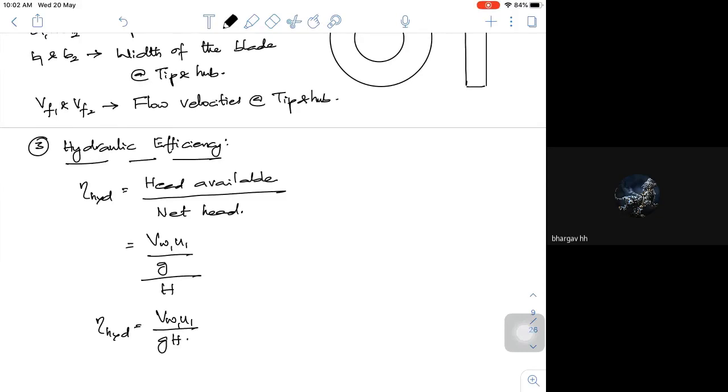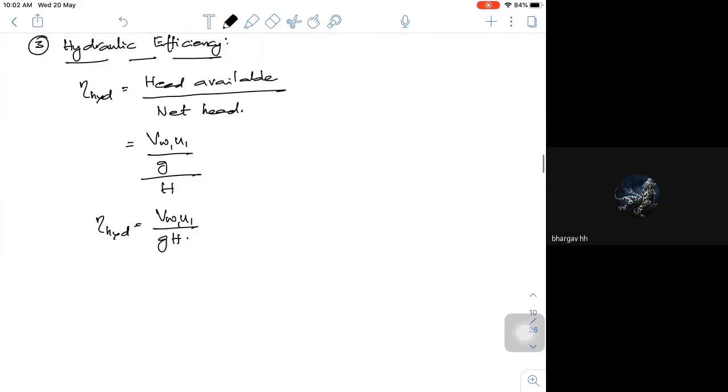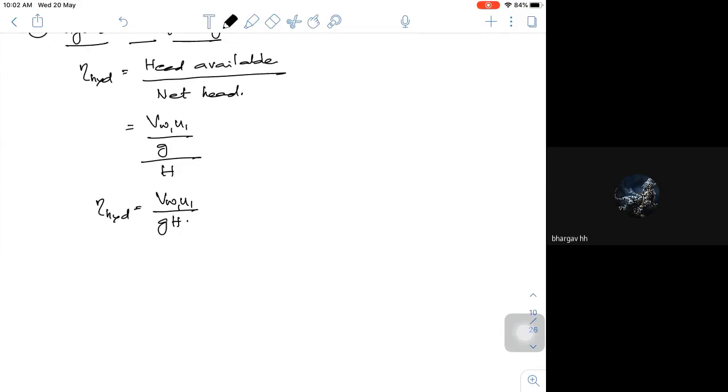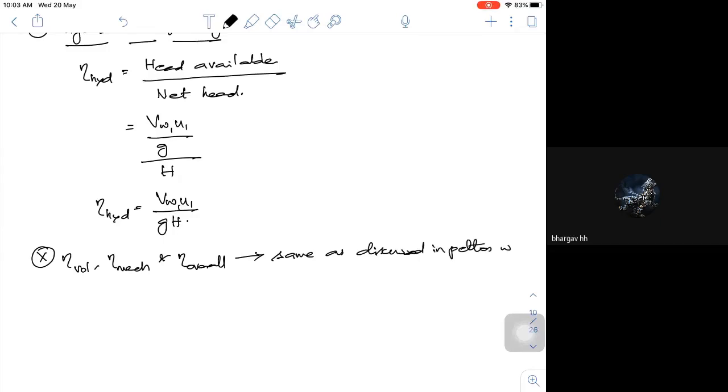Now, what about the other efficiencies we have seen? We have seen the volumetric efficiency, the mechanical efficiency, and the overall efficiency for the Pelton wheel. They remain the same as discussed in the Pelton wheel.